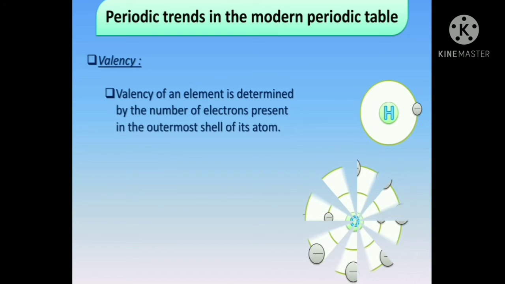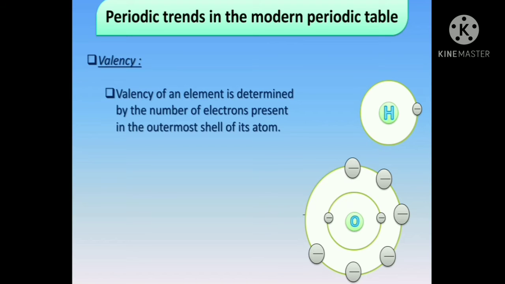Let us understand with one more example. Here you can see an atom of oxygen. As the atomic number of oxygen is 8, the electronic configuration of oxygen is 2, 6. Means 2 electrons in the first shell and the remaining 6 electrons in the valence shell.